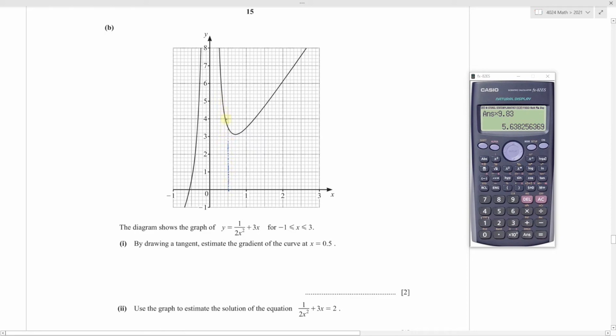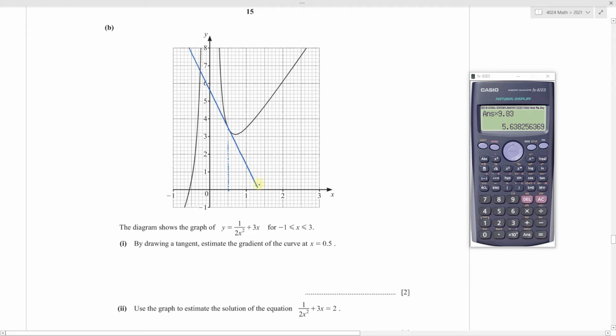So now I have to draw a straight line which will just touch the curve at x equals 0.5. So let me draw that. So this is a line that just touches the curve at x equals 0.5.